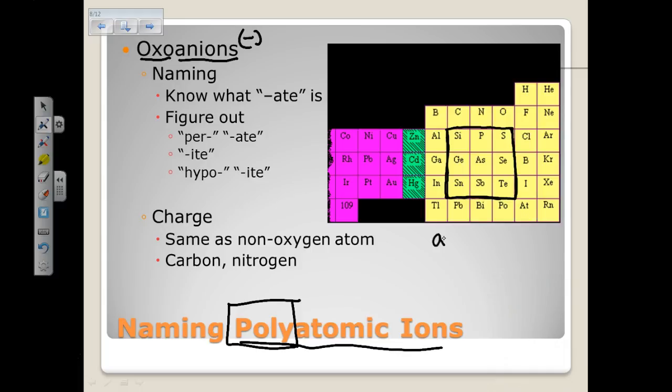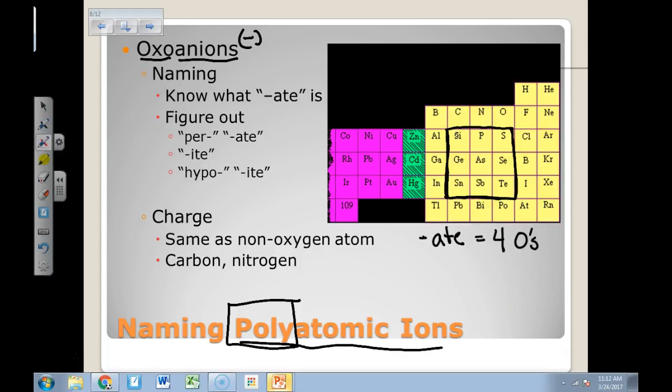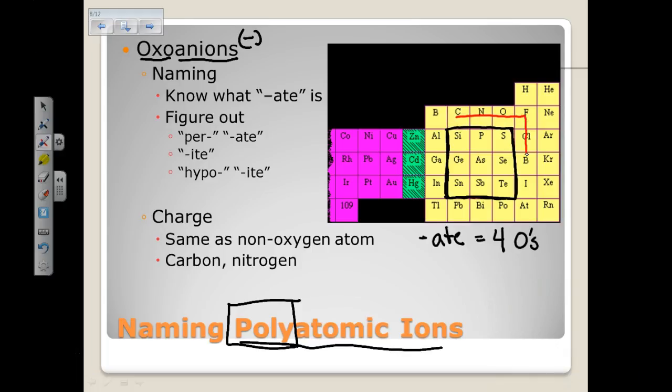Inside here, and I'm going to spell it this way, the ending ate means 4 oxygens. And if it's outside of the box anywhere, typically outside the box is from here down to here. There are cases like manganese, which is kind of over here, that also applies to this.